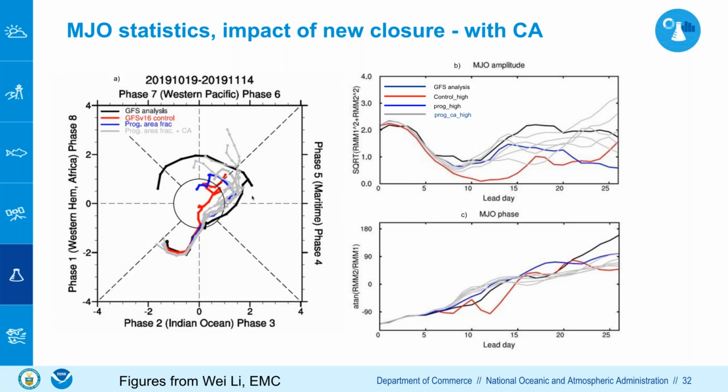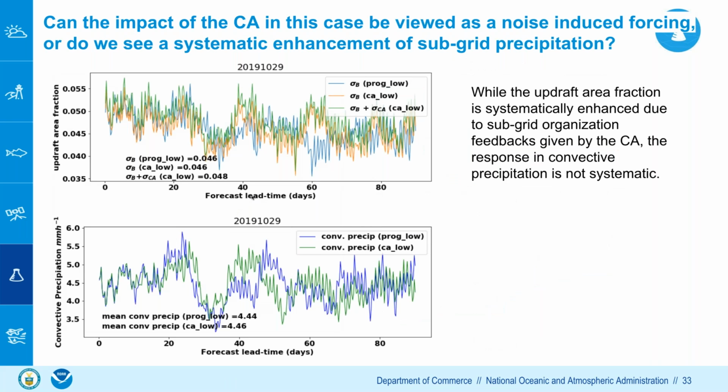So the question is if this impact of the CA in this case can be viewed as a noise-induced forcing, or do we see a systematic enhancement of subgrid precipitation? And that's why we see this shift in MJO phase speed, for instance, or amplitude.